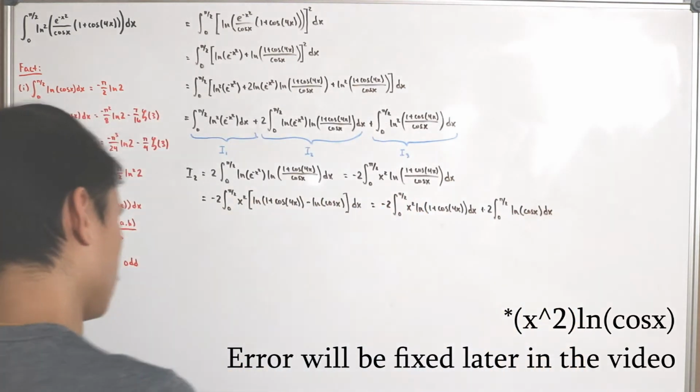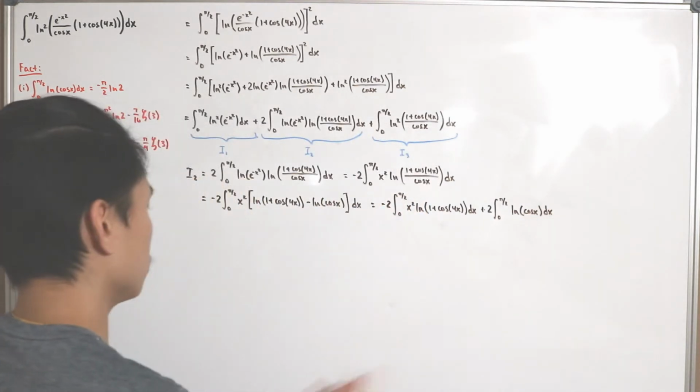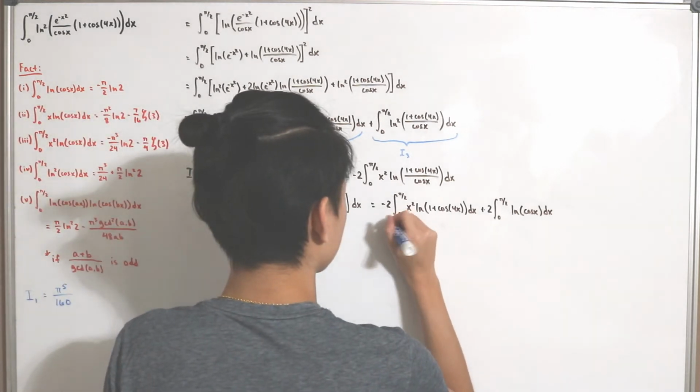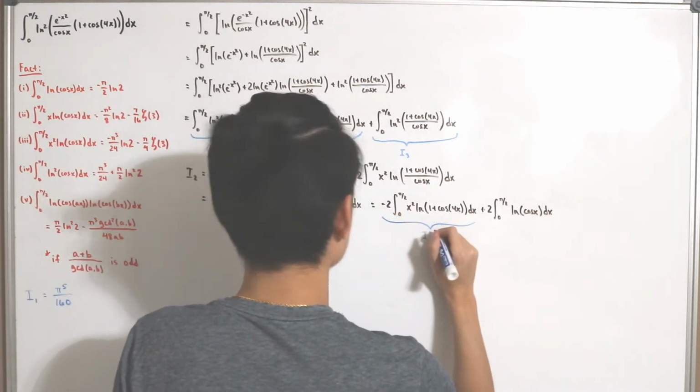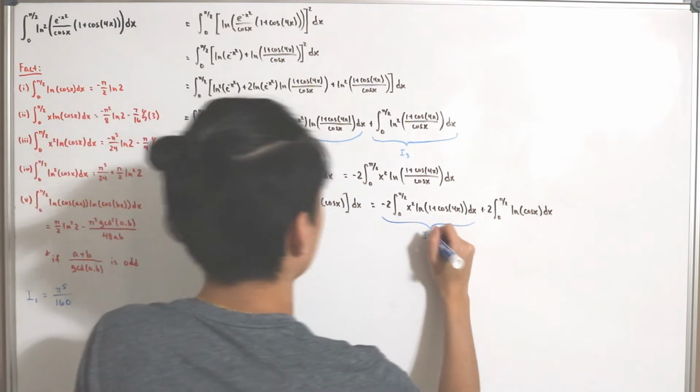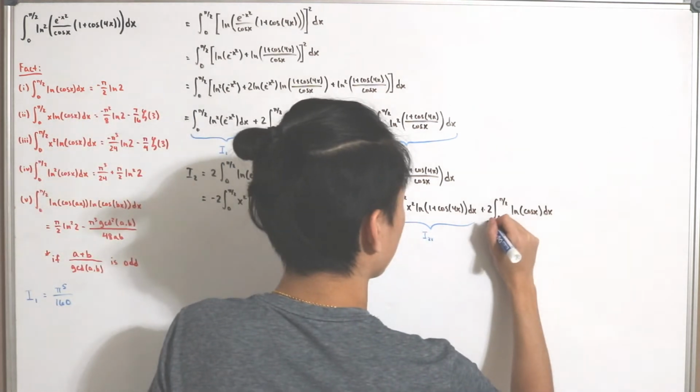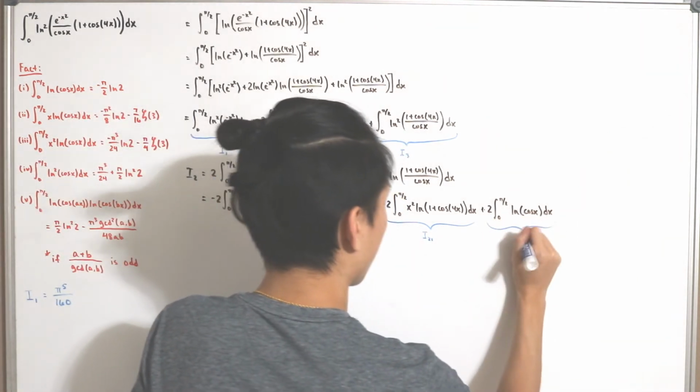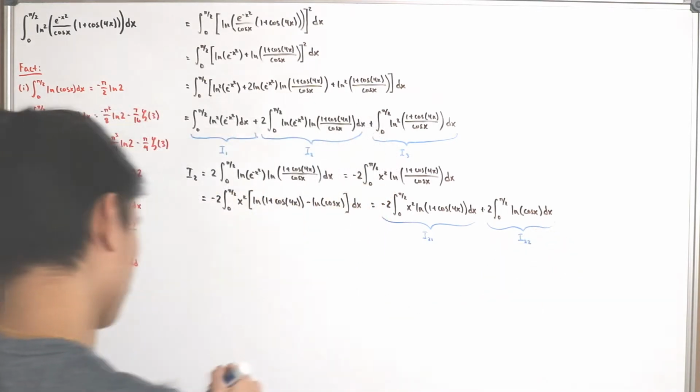All right, nice. Since we're at I sub 2, how about I call this I sub 2 1, and then over here this is I sub 2 2.